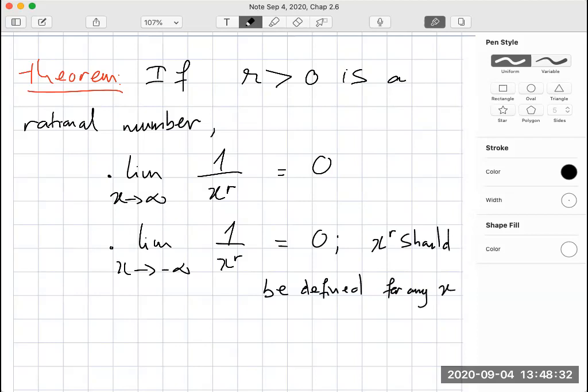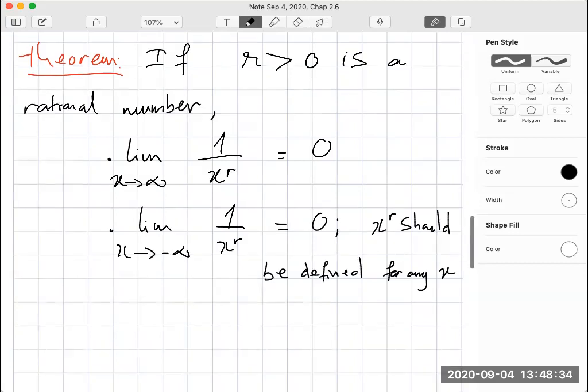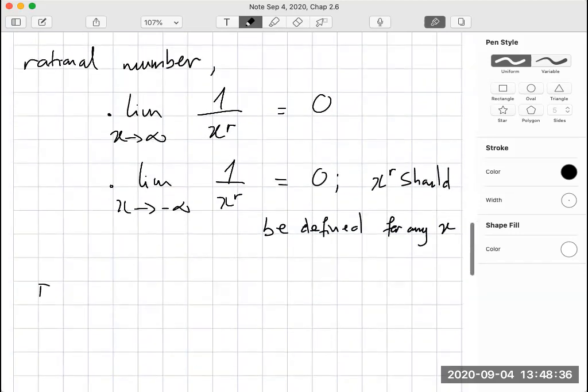Why do we need this condition? For example, the limit of 1 over square root of x when x goes to negative infinity. Is it defined?